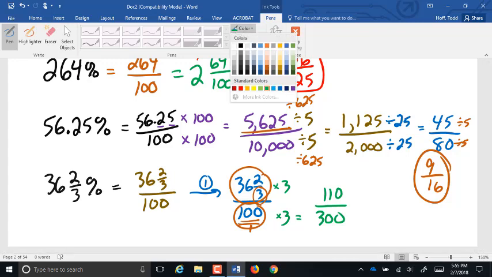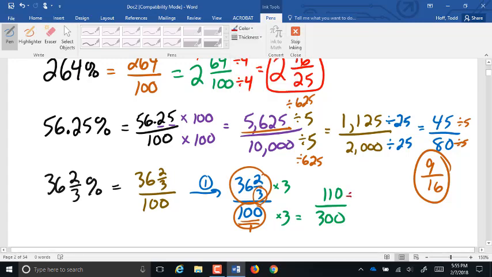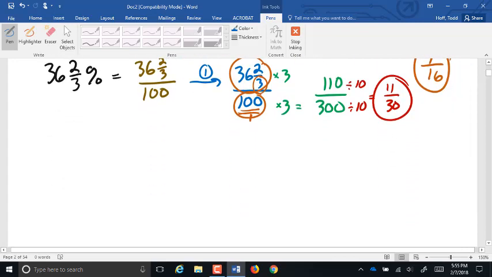Now that we have 110 over 300, we can reduce. Both of those end in 0, so they can be divided by 10. Gives us 11 over 30. That's one option. That's probably the quickest option, but it requires you to look at that and realize if you multiply by 3, the fractions disappear.